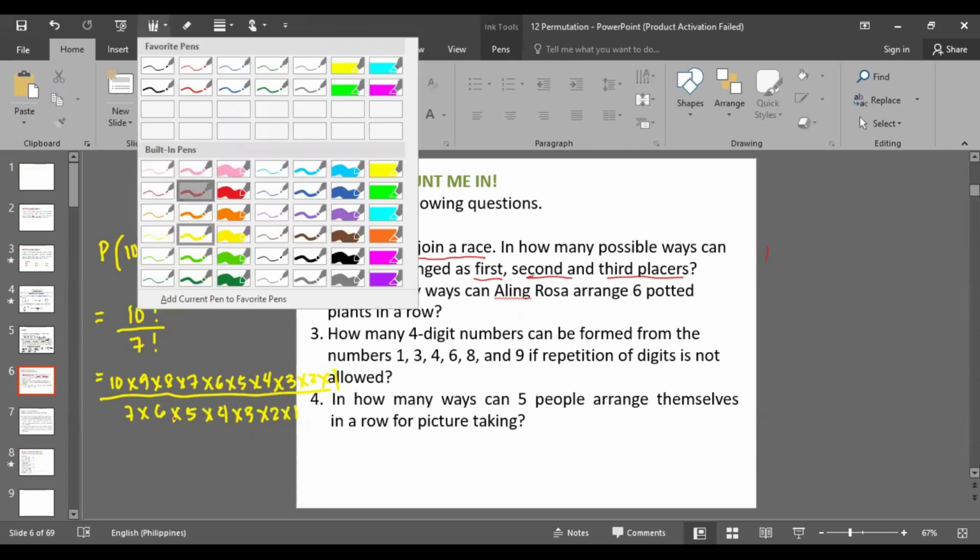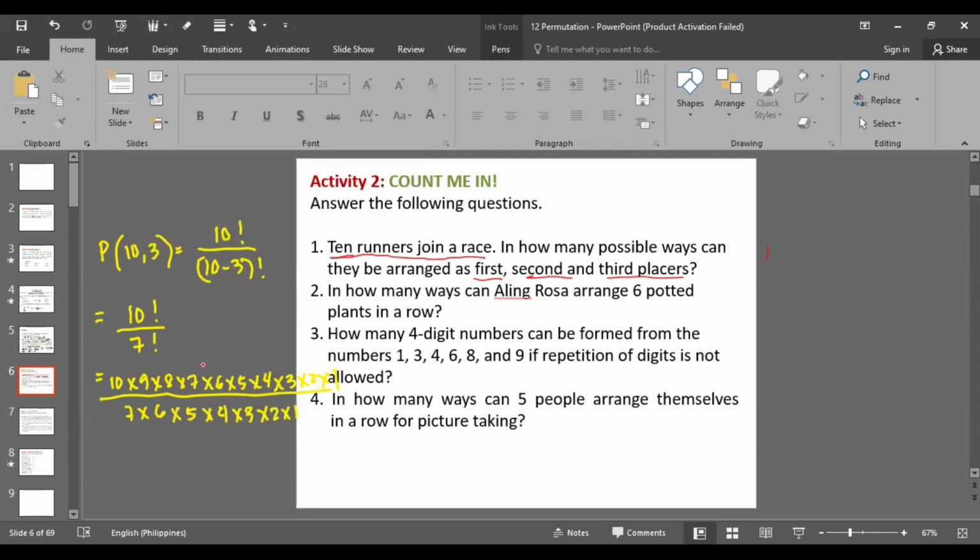Okay, class. Kung merong makakancel, i-cancel. So, cancel all of this. Ito na lang yung matitira, 10 times 9 times 8. So, the answer here is 720.